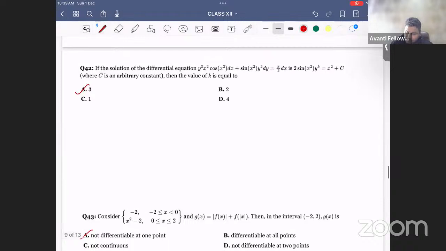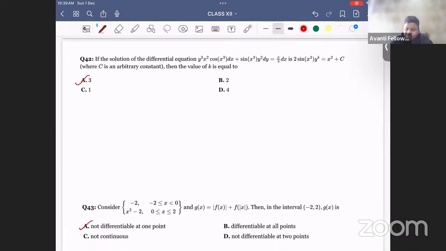Got it? Now see question 42. If the solution of the differential equation y cube x square cos x cube dx plus sin x cube y square dy is x by 3 dx, then how to solve it? See, everything is very clearly written. Y cube, write it together, x square cos x cube dx plus sin x cube y square dy is x dx by 3.